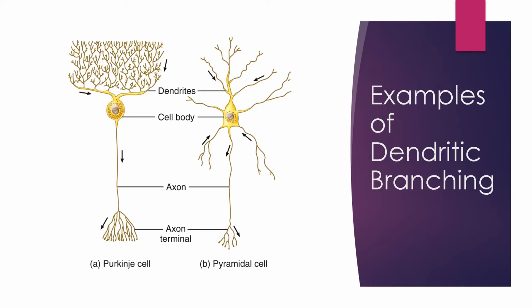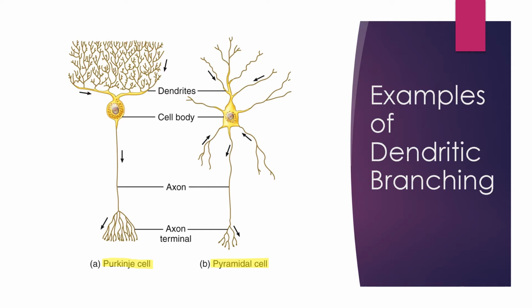Now, in addition to structural classification, some neurons are going to be named for the histologist that first described them. So Purkinje cells, these are found in the cerebellum. And pyramidal cells, these are found in the cerebral cortex of the brain.